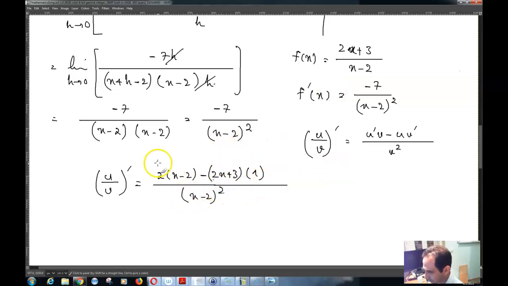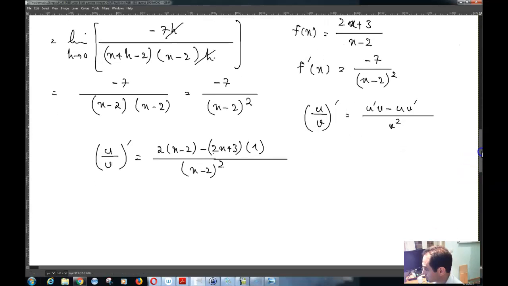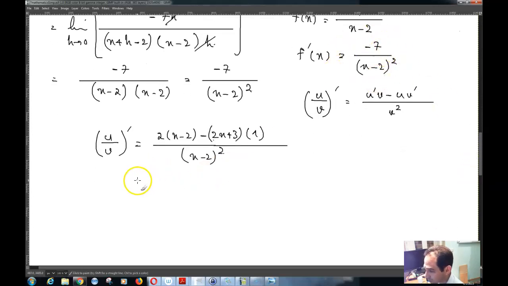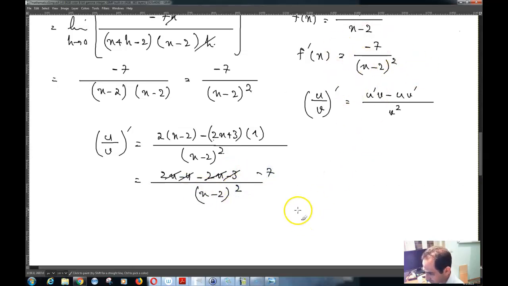And I suppose if you simplify this, you will get this thing over here, meaning that if you write 2x minus 4 minus 2x minus 3, then these two will cancel out. You'll get negative 7 over here, and you'll get x minus 2 whole squared over here, which is basically what we got over here. Okay.